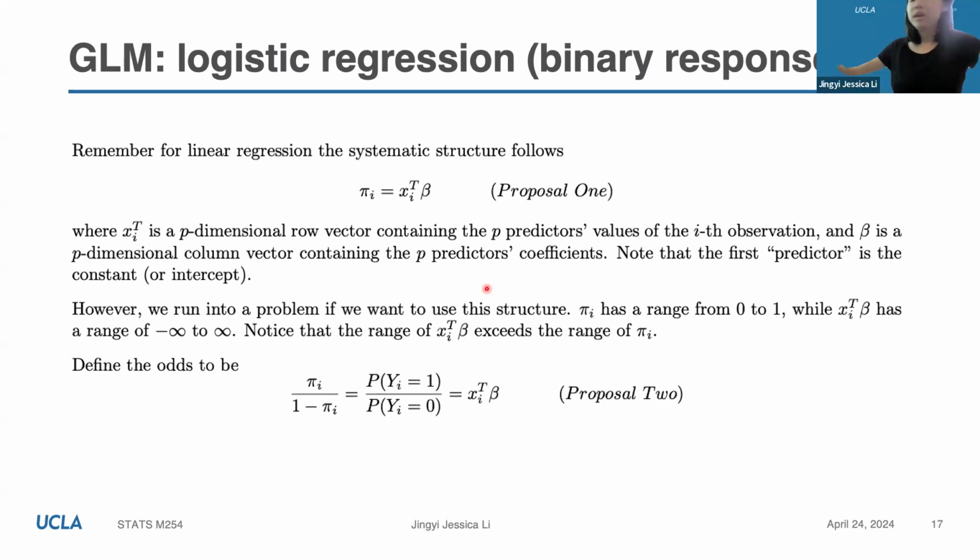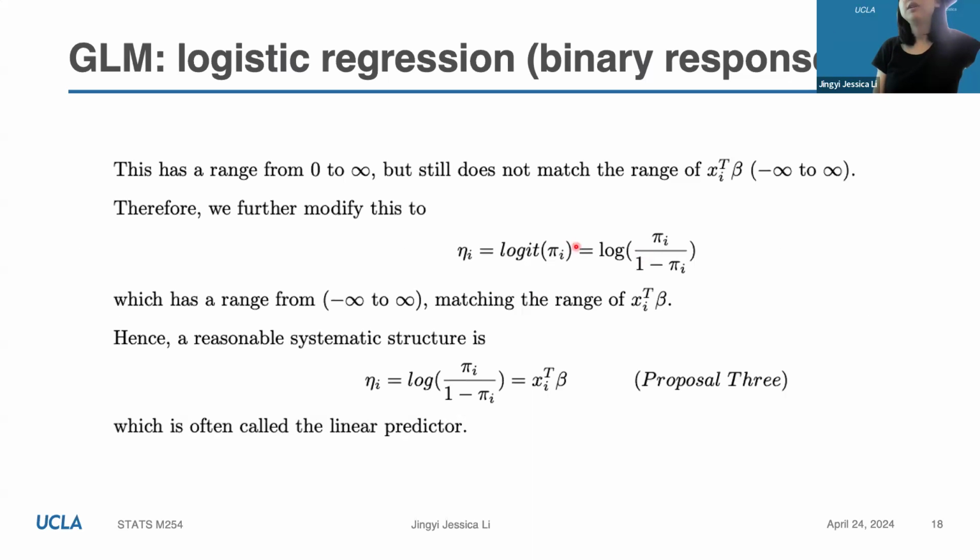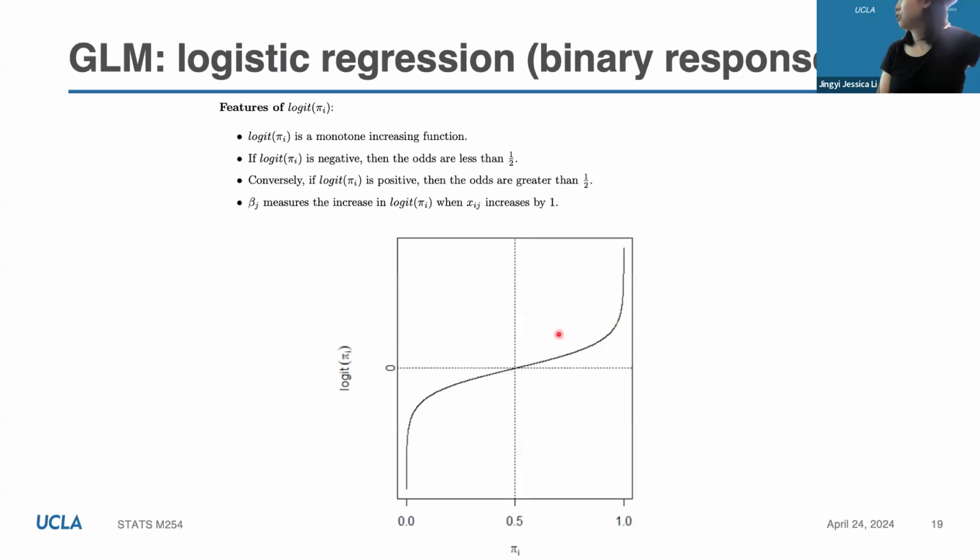So in particular, this is what we have. Maybe we'll go back to here next time, but I'll just show you the end result. The end result is that you will do a logit transformation of pi_i. The logit function will change pi_i from 0 to 1 to negative infinity to positive infinity. And then you assume logit(pi_i) to be a linear function of your predictors. So this is what the logit function looks like. When pi_i is 0.5, logit(pi_i) is 0.